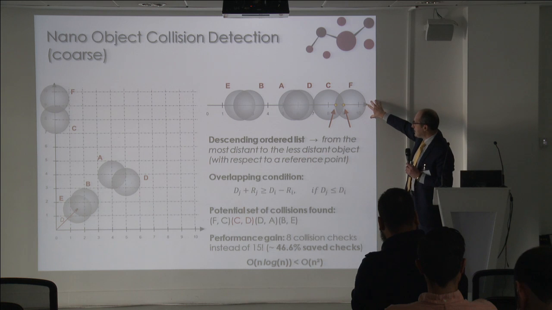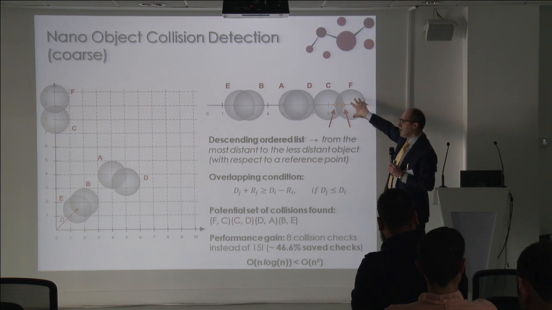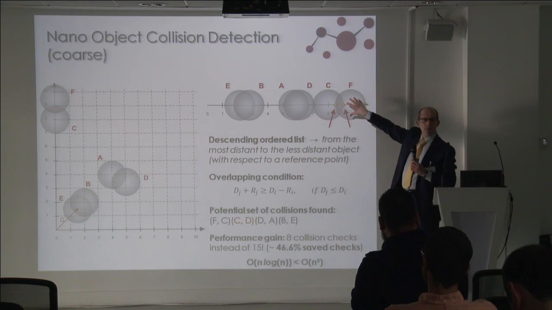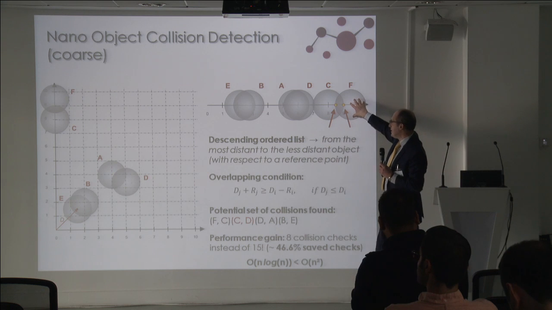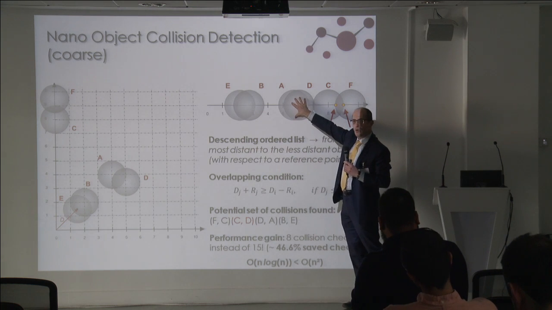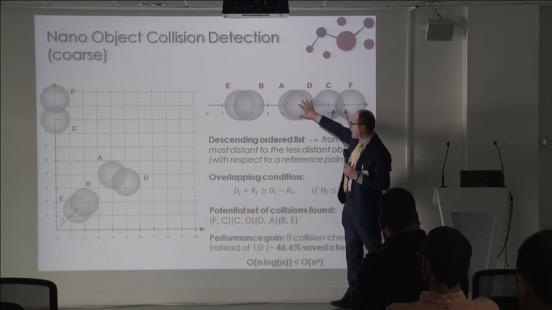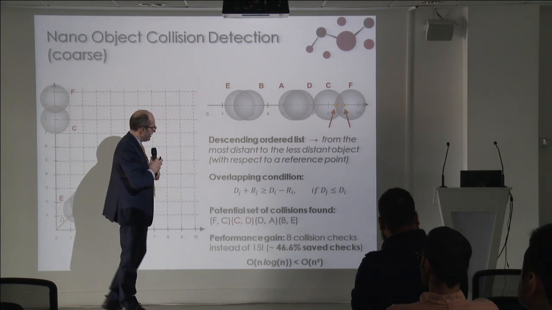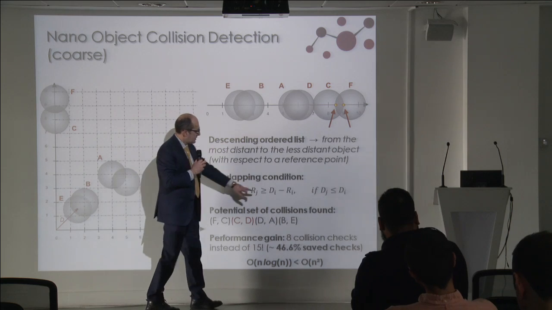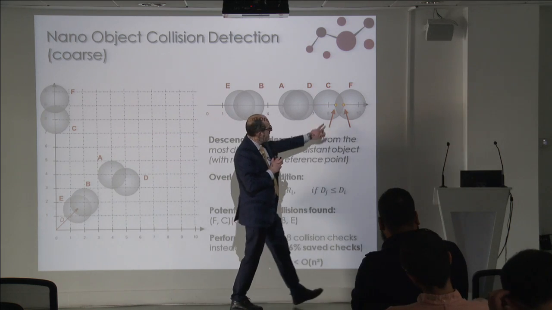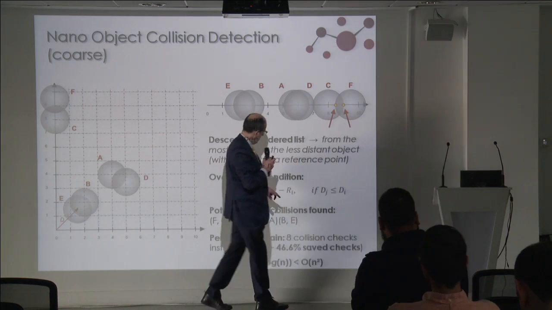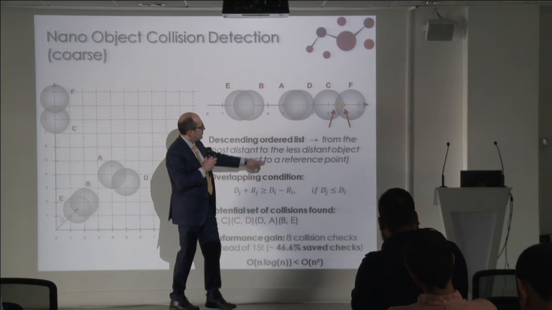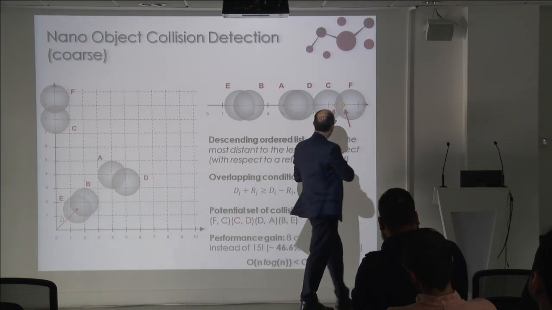So in this case, we just compare each object. For instance, we begin with this reference object. We compare this, and so on, moving in this direction. And we check if they could collide. Here, the index i represents this object, and the index j represents this other one.